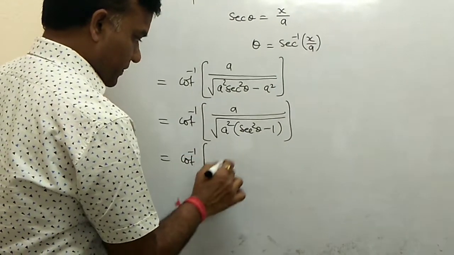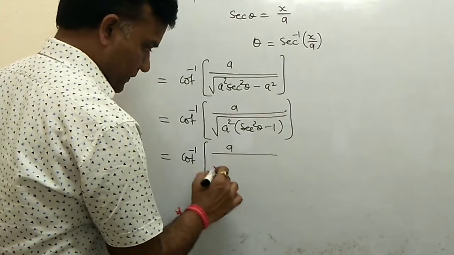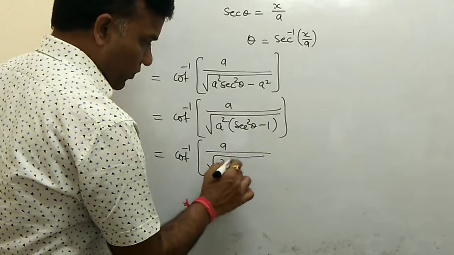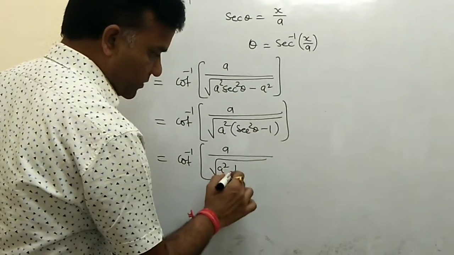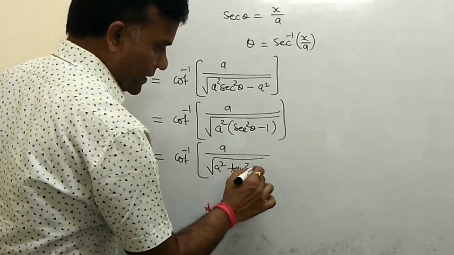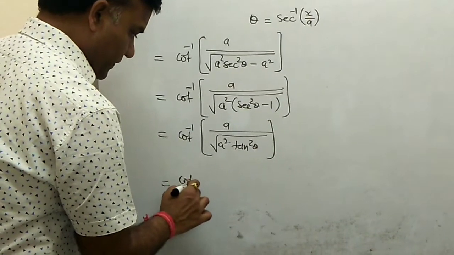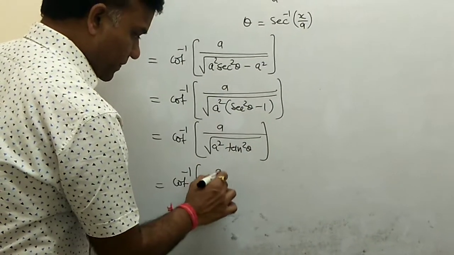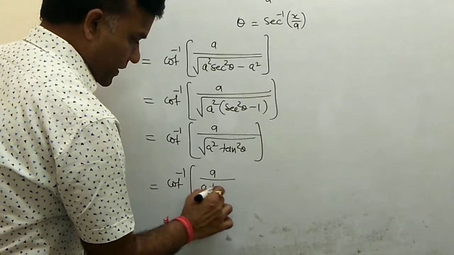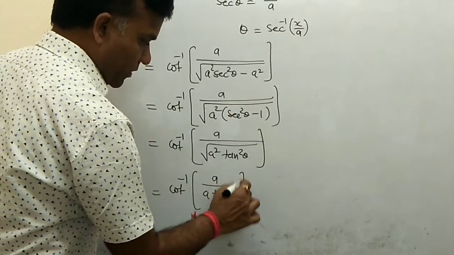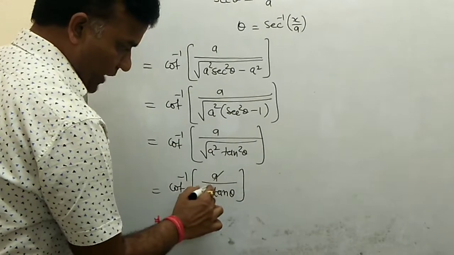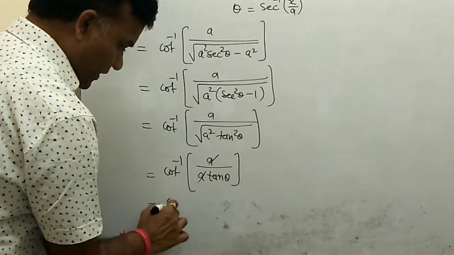We know the identity sec square theta minus 1 is tan square theta. Then simplify: cot inverse of a upon a tan theta, because the square root sign and square are removed, and a cancels out.